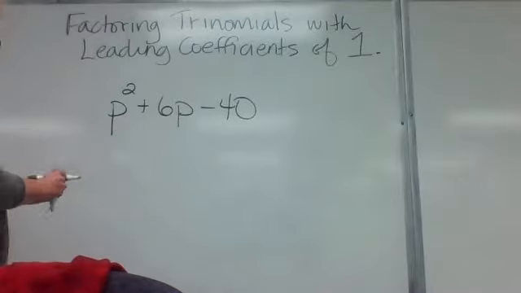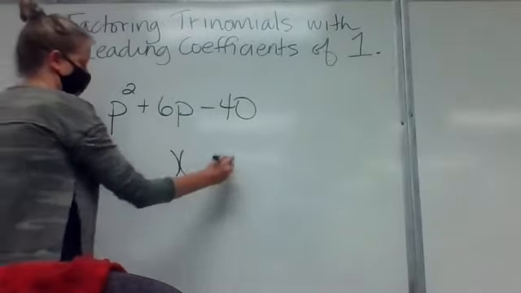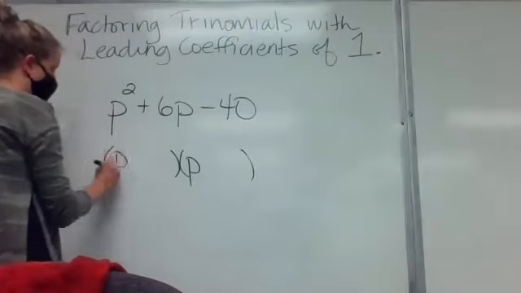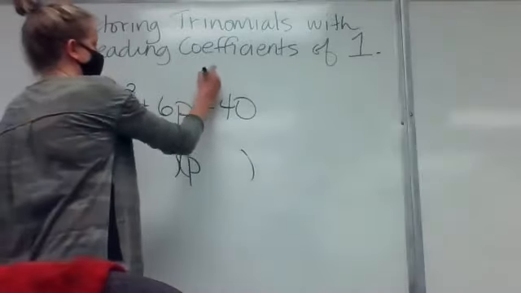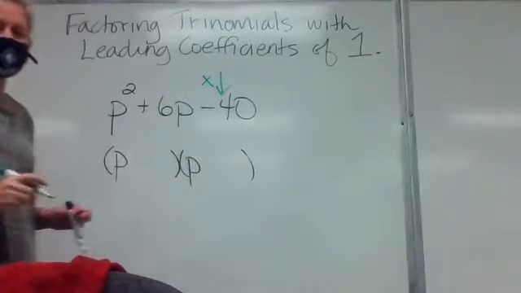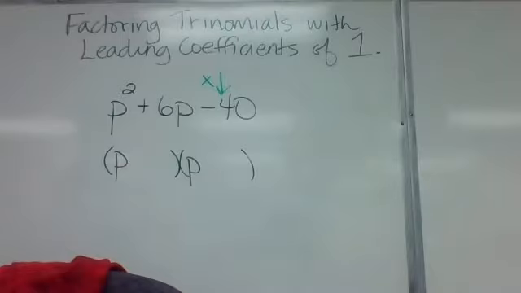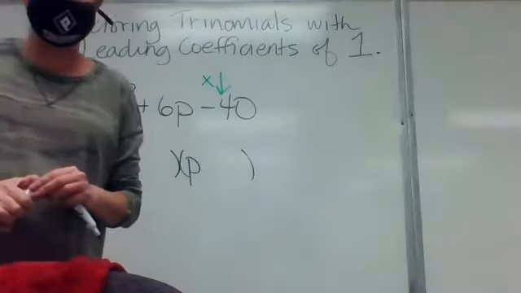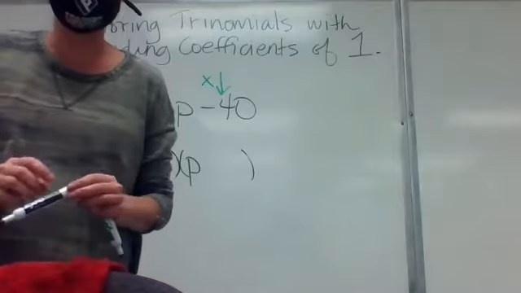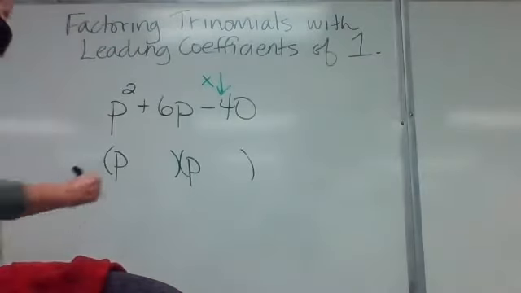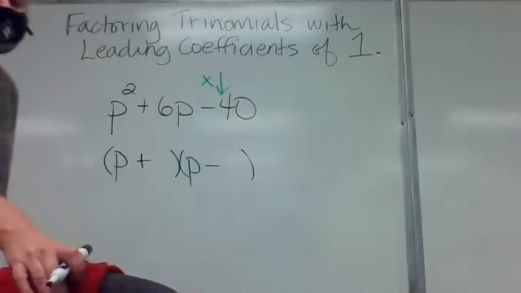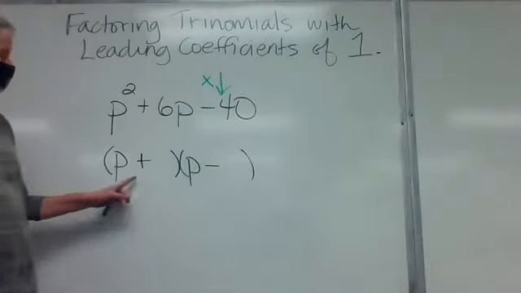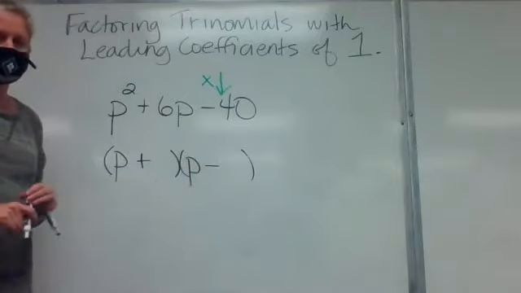Leading coefficient is a 1, which automatically makes it p and p. What are you multiplying to get? Negative 40. What does that tell you about your signs if you're multiplying to equal a negative number? That means I'm going to have different signs, right? That's how you multiply to get a negative, is with different signs.